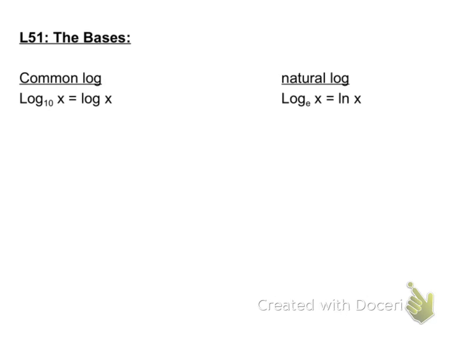And the other one, the naturally occurring number in the world, is e, just like pi. And so they say the natural log, ln x, instead of writing out log base e of x. And we did both of those when we did change of base, because those were on my calculator. They're on everybody's calculator that's scientific.